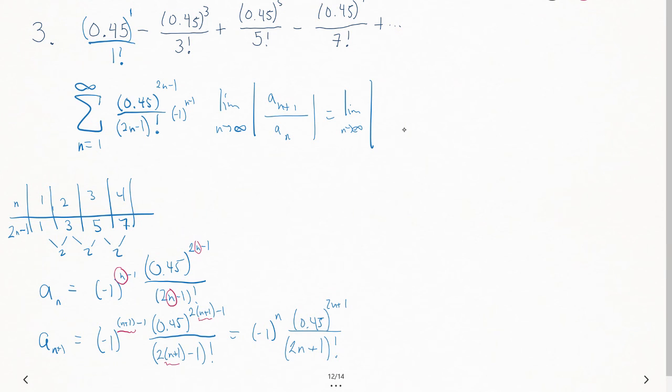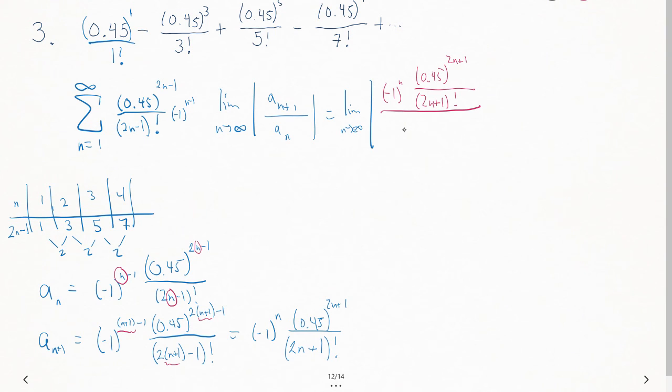Now we actually have to start to plug this in, so we get -1 to the n, 0.45 to the 2n plus 1 in simplified format. Then we have a 2n plus 1 factorial. And then what else do we have?